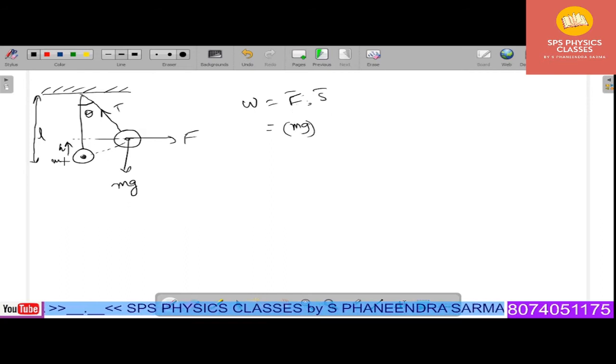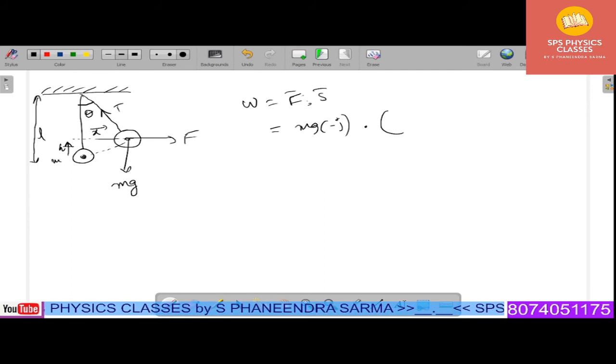The vertically upward displacement is h bar and the horizontal displacement is x bar. Let us imagine the two displacements. Then let us prepare this in a more sophisticated way using vectors. Gravitational force acts downward, therefore mg of minus j, dot the displacement, h bar in the upward direction and x bar in the horizontal x direction. Therefore, we can write x i plus h j.